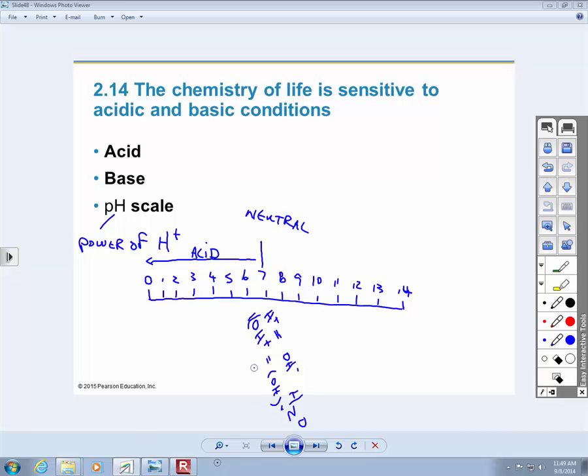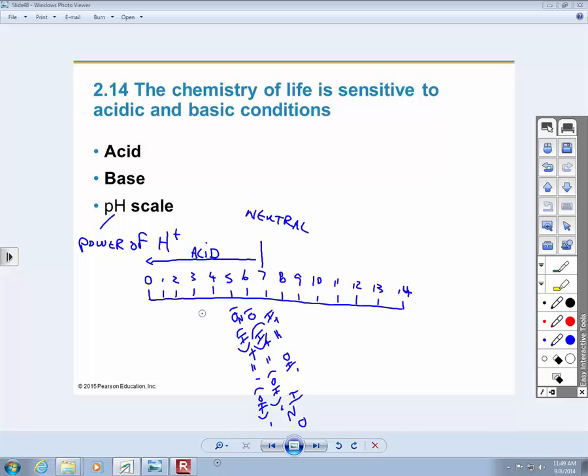I better put parentheses around there. Oh, I did screw that up totally. Let me correct the mistake. So at a pH of 6, we have 10 times more hydrogen ions than base units. There's only one of those. At a pH 5, I have 100 times, or 10 to the power 2, hydrogen ions, and only one hydroxyl base.